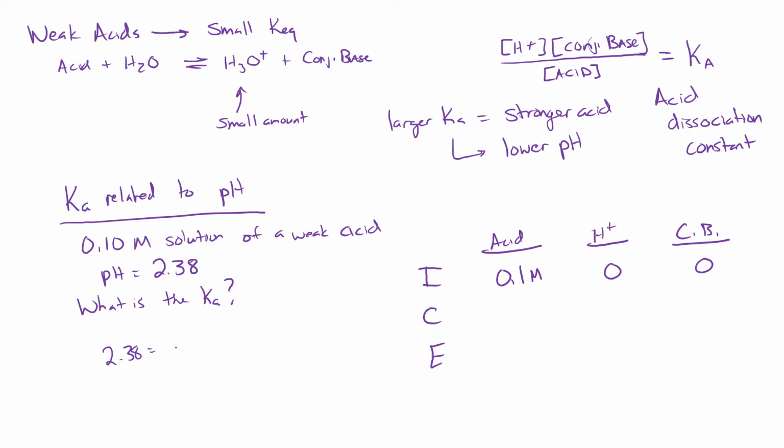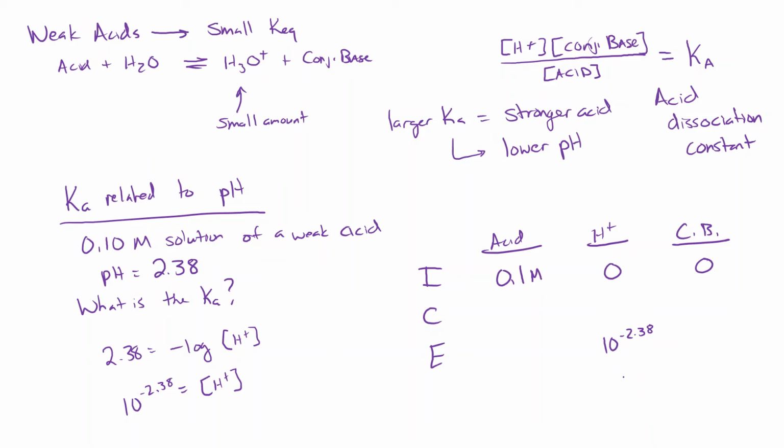2.38 equals negative log of the concentration of H plus. And so if we solve this for the concentration of H plus, we bring the negative over here and then raise everything to the exponent of 10. Because we're using log base 10, we get the concentration of H plus equals 10 to the negative 2.38, right?